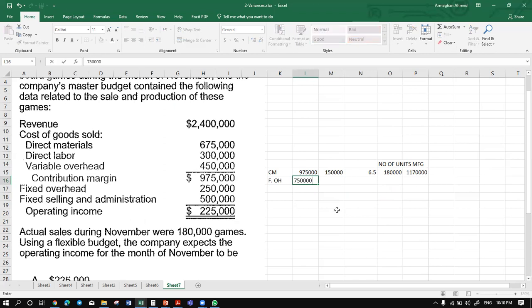Divided by how many units? Because here it's saying November, divided by how many units? 150. Divided by 12.